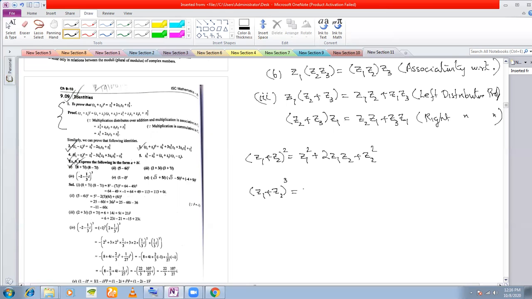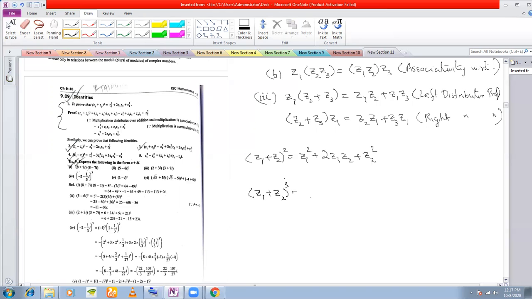Okay. So by the a plus b whole cube formula, you have a cube plus b cube plus thrice a. Oh, okay, not this way. Not a cube plus b cube, because a plus b whole cube is for real numbers.